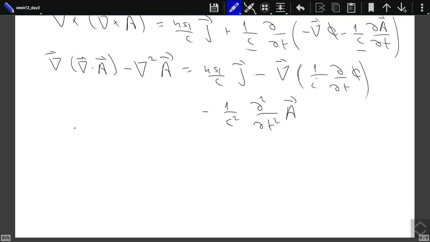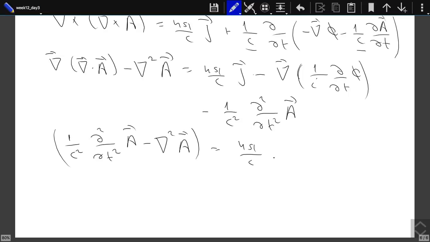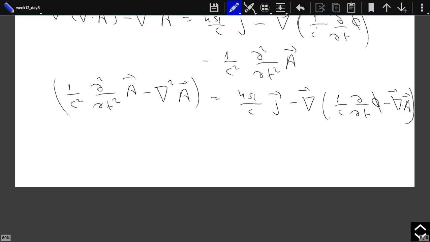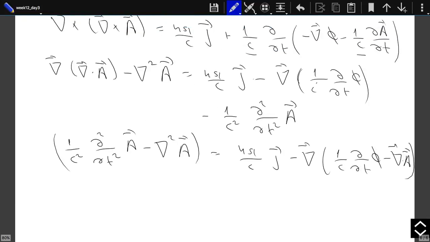Let me just reorganize this a bit. I will move the last term to the left-hand side: 1 over C squared del squared by del T squared times A minus the Laplacian of A. This should be equal to 4 pi over C times J minus the gradient of 1 over C del by del T of phi plus the divergence of A. This is the equation that A and phi should satisfy.